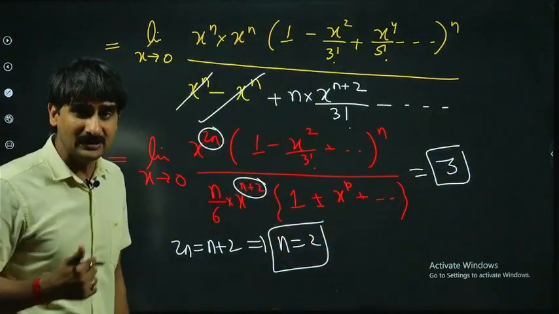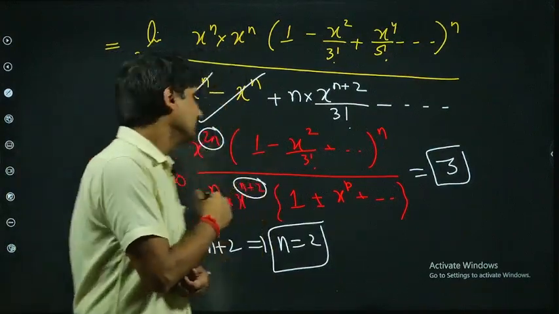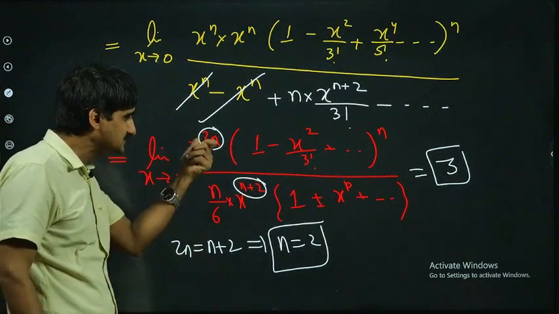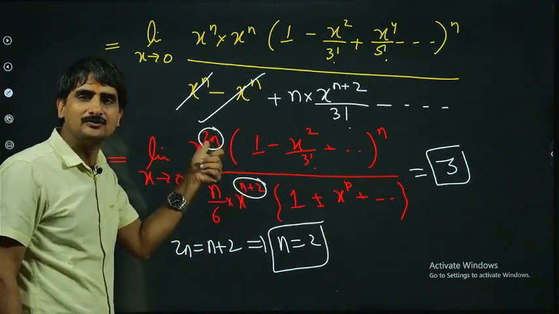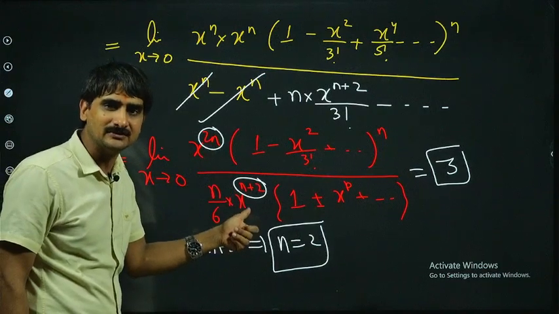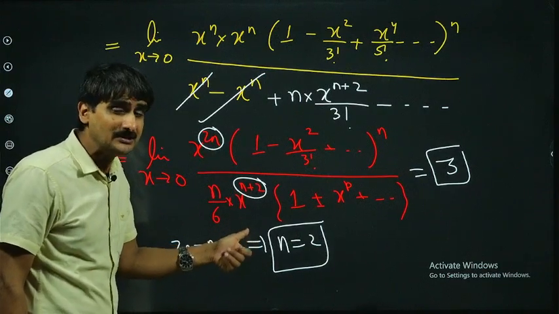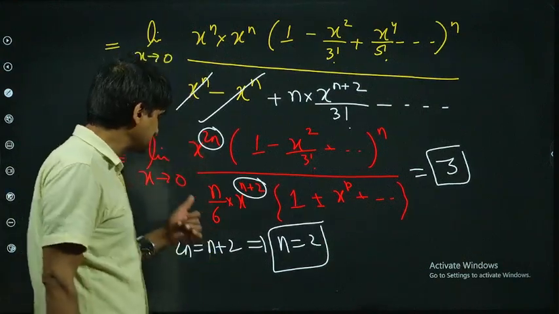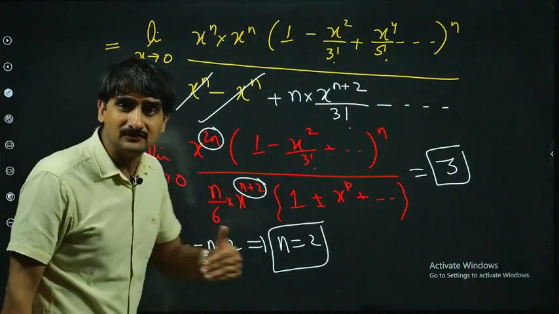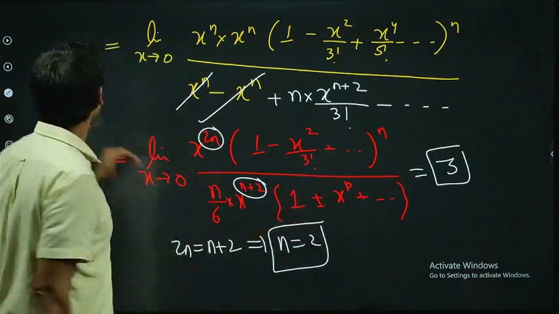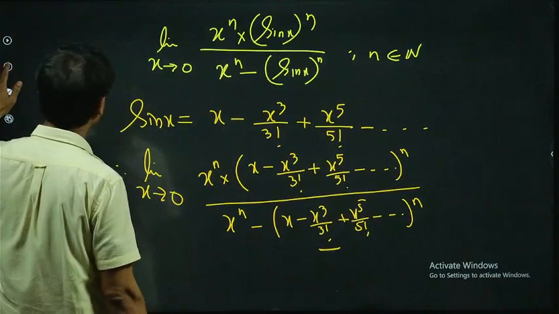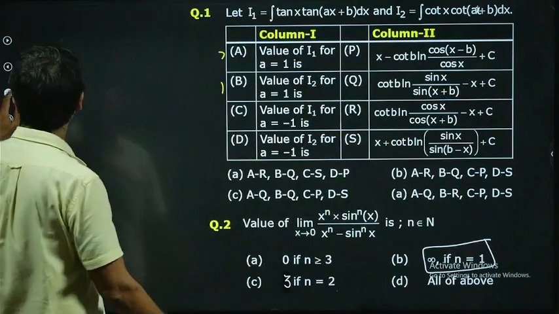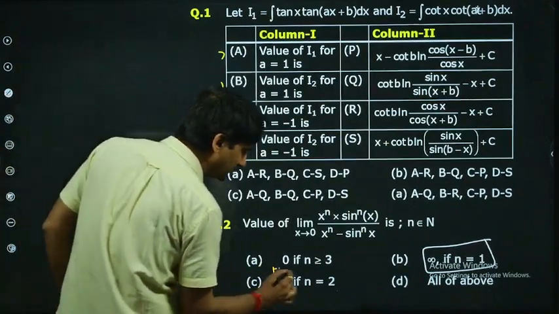Now what if n is less than 2? Let's say n is 1. Then the degree in the numerator is 2 and the degree in the denominator is 3. So when you cancel, you will be left with x in the denominator, and since x is approaching 0, it will go to infinity. So as n is equal to 1, it goes to infinity. As n is equal to 2, it goes to 3.